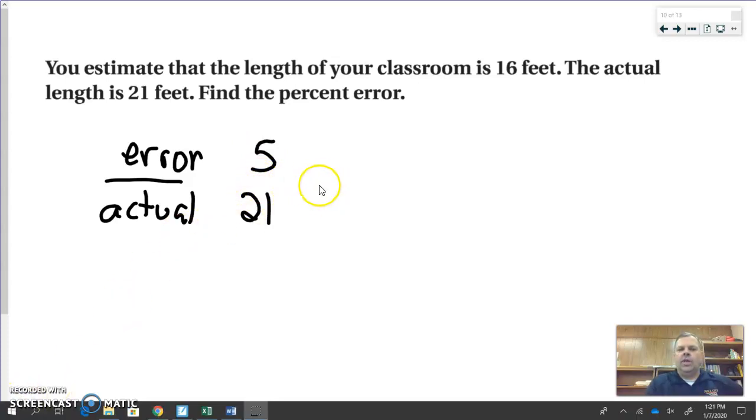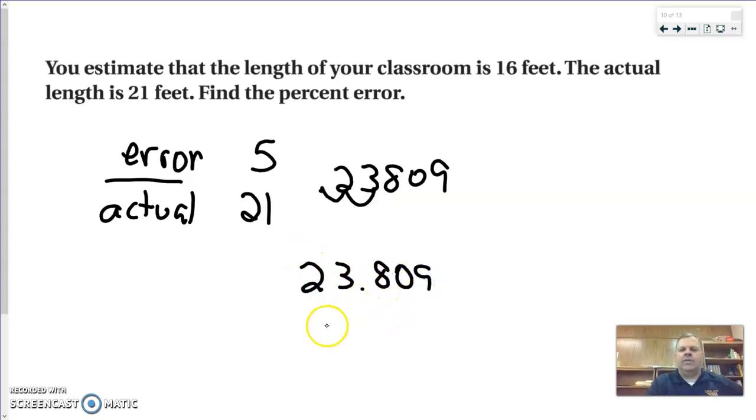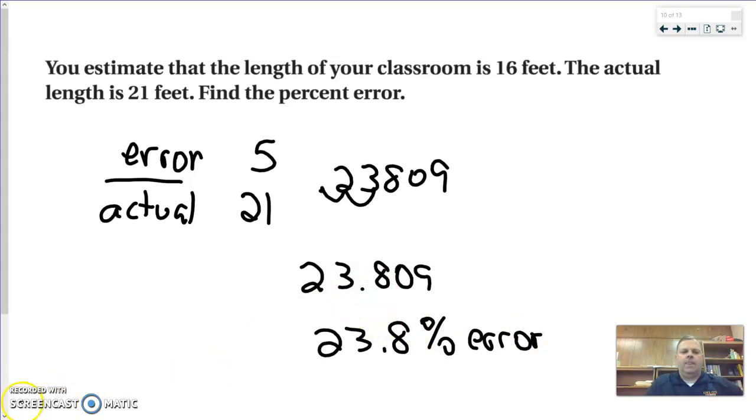That answer will give you a decimal of 0.23809, and we'll go from right there. Again, to move this decimal to a percent, we move it 2 places, so we get 23.809. I would say that that would probably be 23.8% error. Notice that there is not a difference in positive or negative in the error. This is just how much that error is.